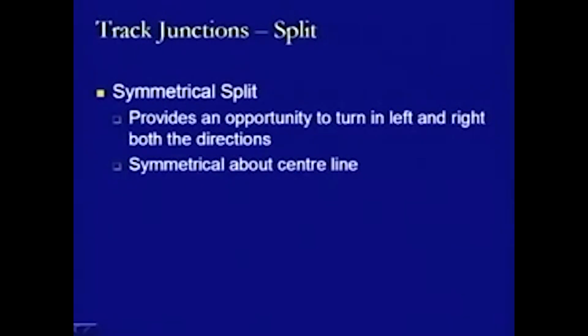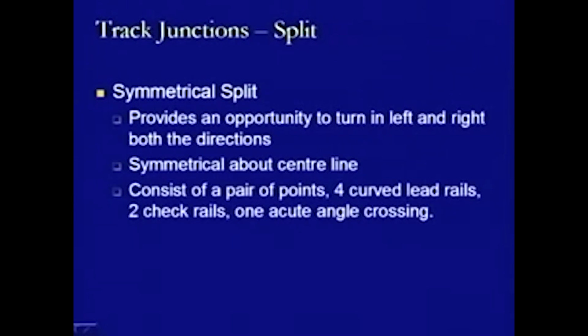and it is symmetrical about the center line of the initial profile, after which it is taking this type of split. So, in this sense, if we look at the diagram of this one, what we will find is that it consists of a pair of points, 4 curved lead rails as we have seen in the previous cases, 2 check rails and 1 acute angle crossing.